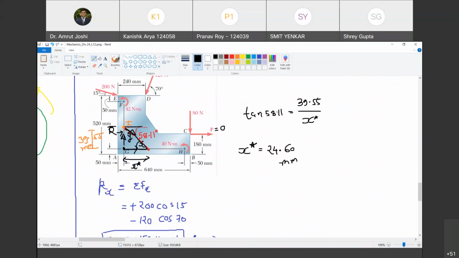Are you with me? Yes, sir. So this value is 415.07 instead of 39.55. Are you with me? Yes, sir, with you. 415.07. I hope we have not made any mistake here.